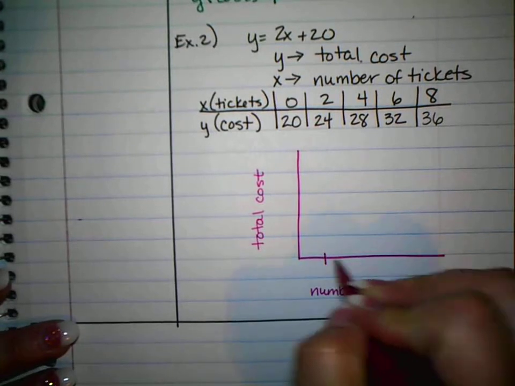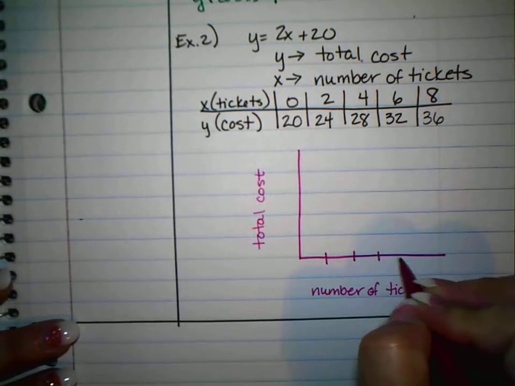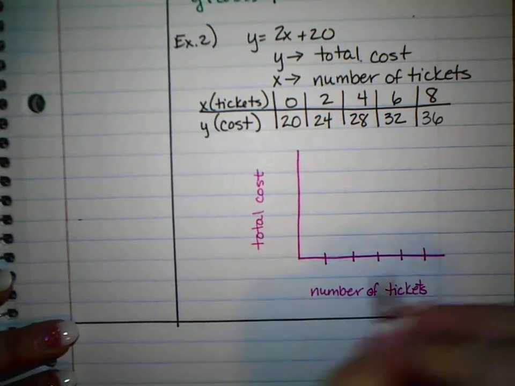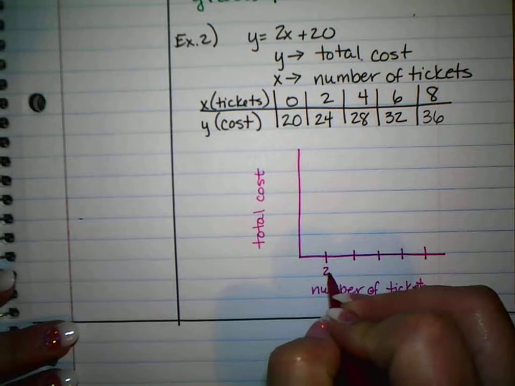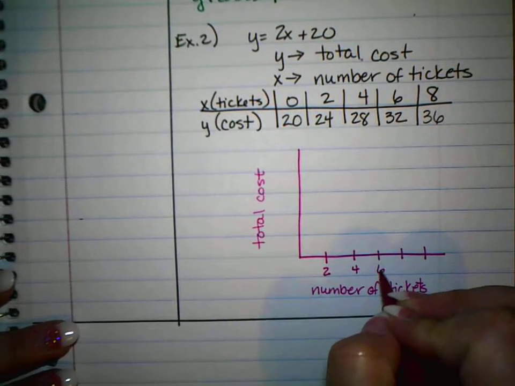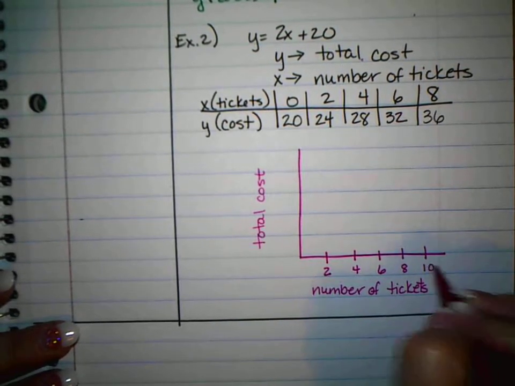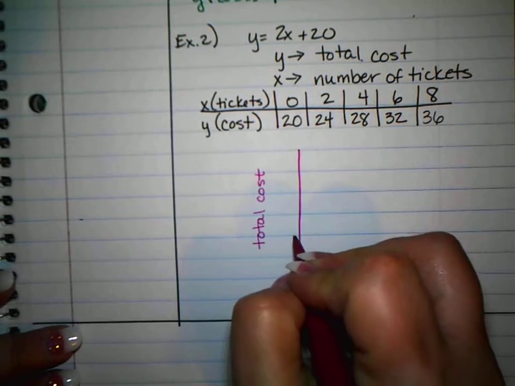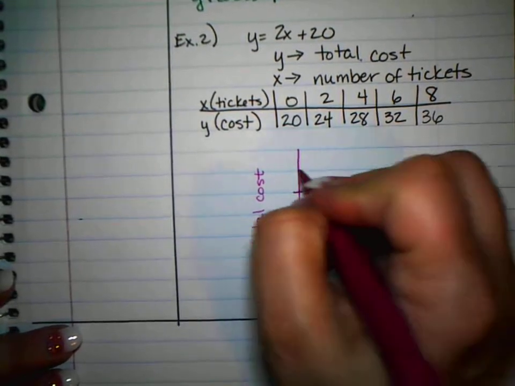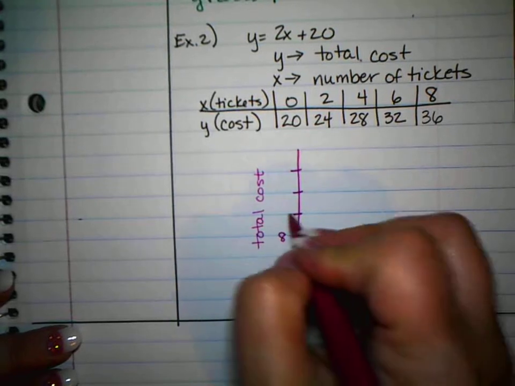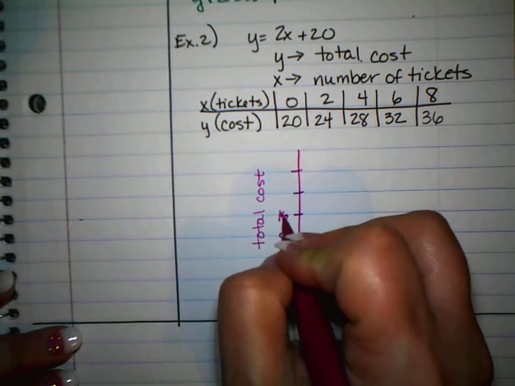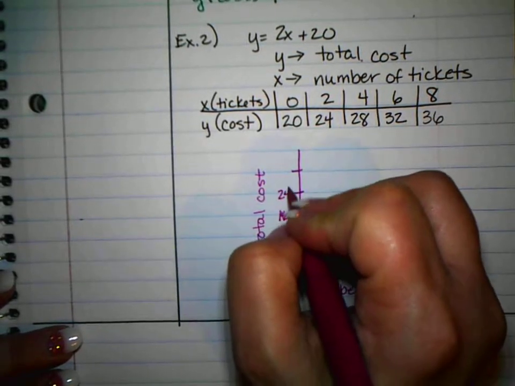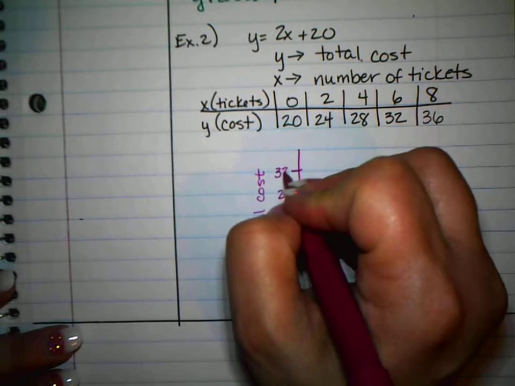And I'm going to do my scale. I'm going to put that these are by 2s here. And my cost, I'm going to make that worth 8, which means that's 16, 24, 32.